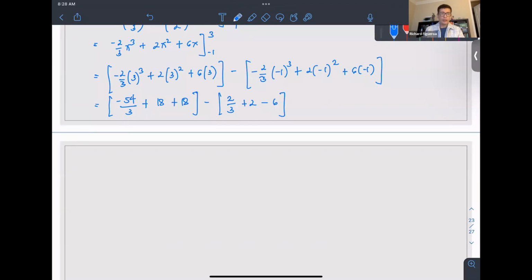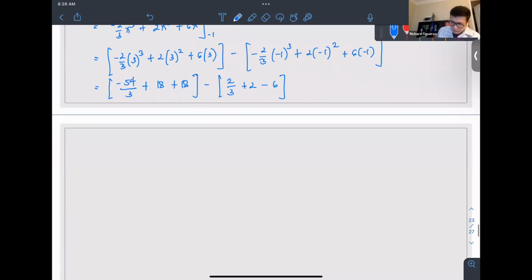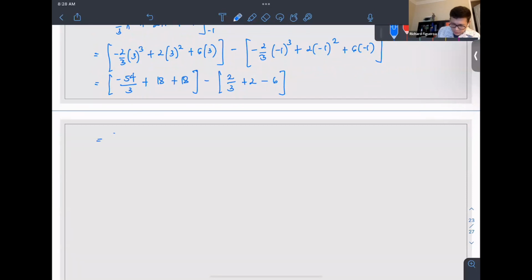And then we combine the upper boundary minus the lower boundary. So that makes it equal to negative 54 over 3.